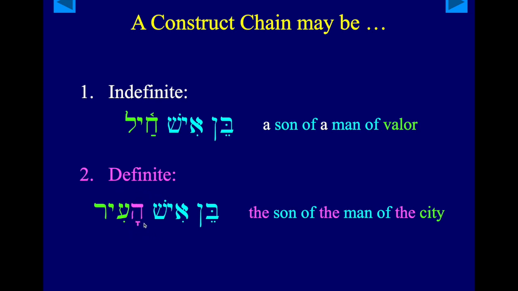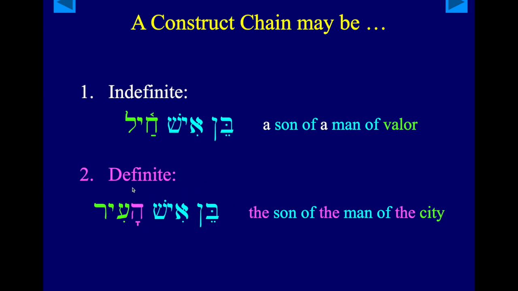So in Hebrew, when the absolute, the last noun in this chain of nouns, is definite, when it has the definite article like ha, or when it's a name like David, or a place like Israel, or when it is in the name of a god like Yahweh, then that definiteness works back up the chain. So you don't have to make everything definite. You just understand that all these things have to be definite.